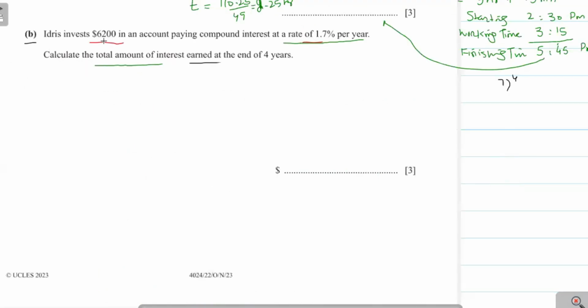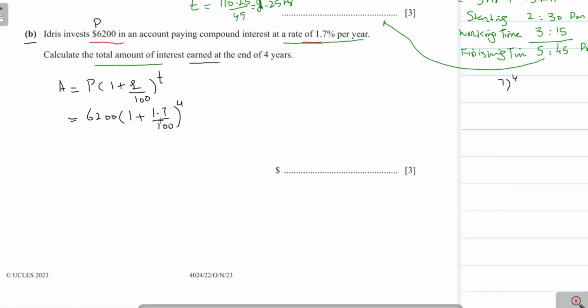Part B. Idris invests $6,200 in an account paying compound interest at a rate of 1.7% per year. Calculate the total amount of interest earned at the end of 4 years. The amount after 4 years: the formula in compound interest is A equal to P into 1 plus R over 100 power T. You see here P is the investment amount, that is 6,200, and R is the rate, that is 1.7 over 100.